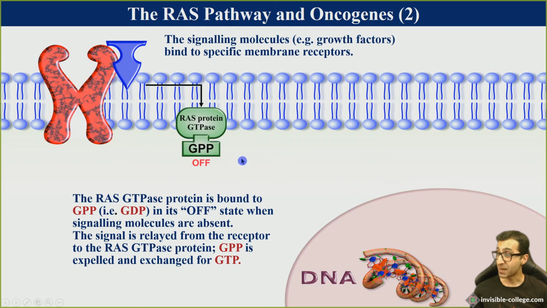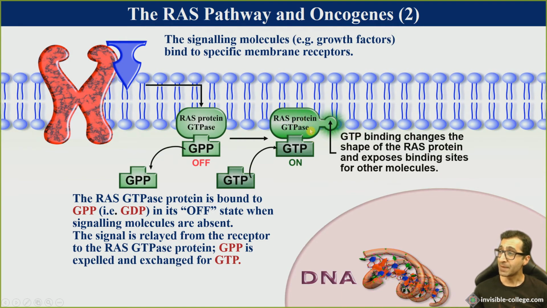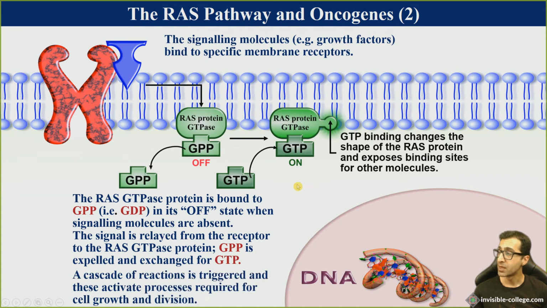GDP is then expelled and exchanged for GTP. The GTP binding then changes the RAS protein and exposes the binding site for other molecules. So then a cascade of different biochemical events is triggered by this, and this in turn will then activate the processes involved in switching on cell division and cell growth.